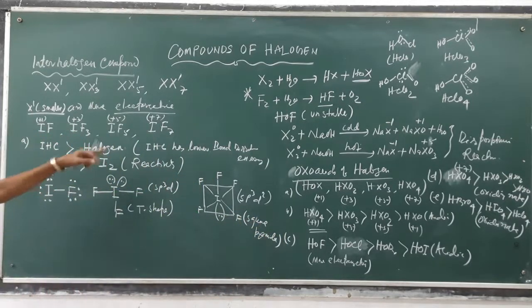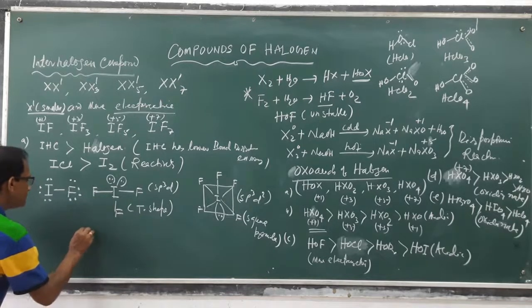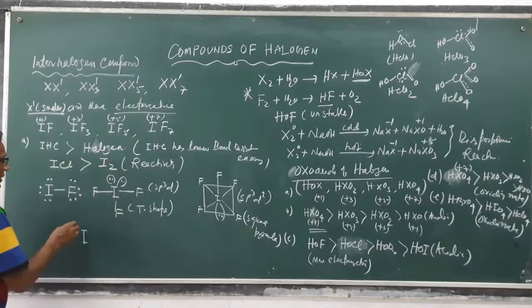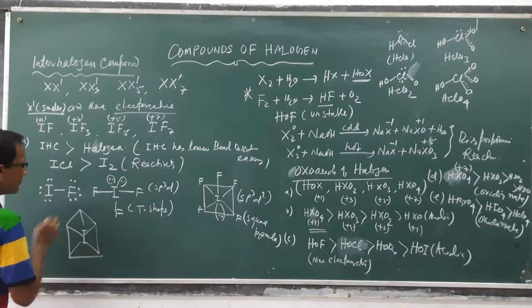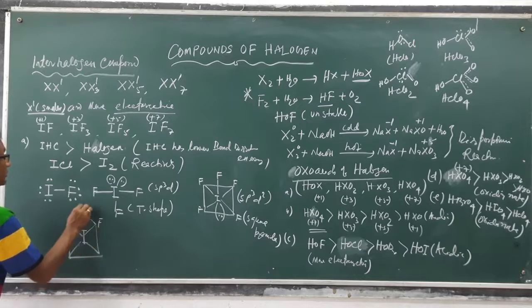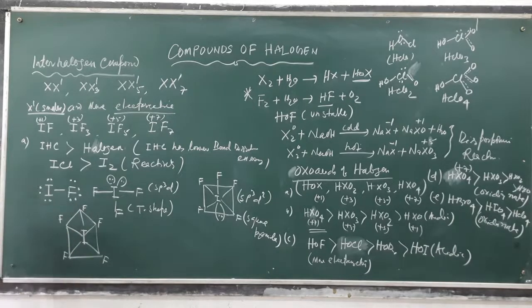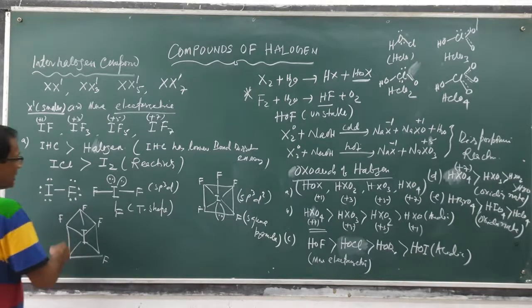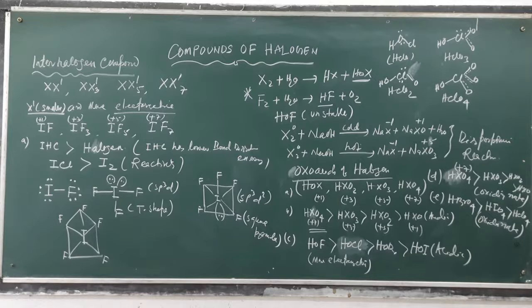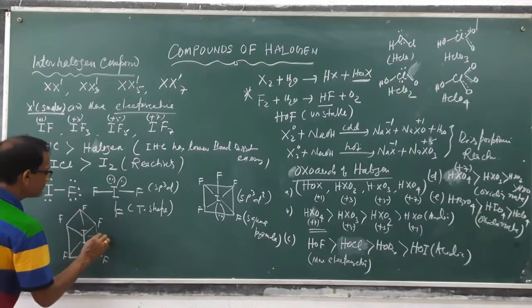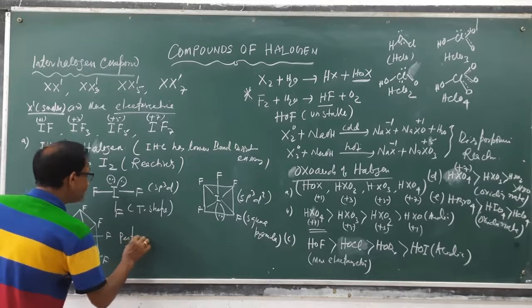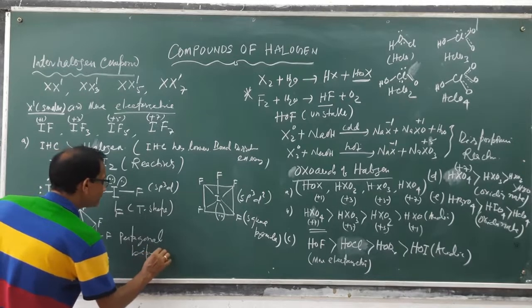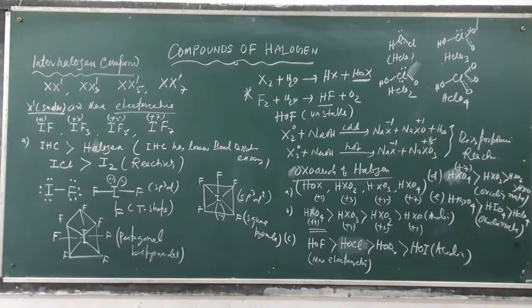Regarding IF7, it has no lone pair, so all the fluorines are at the corners of a pentagon. So the shape is pentagonal bipyramidal.